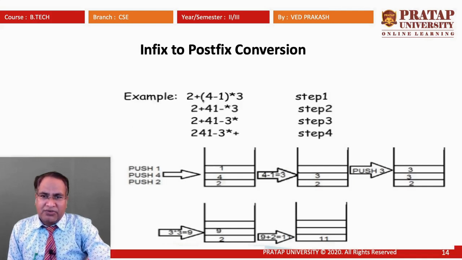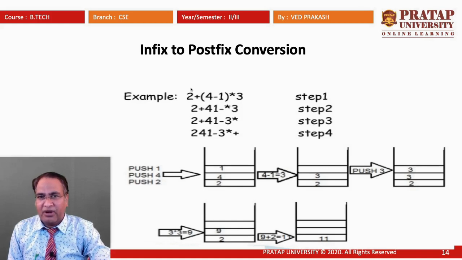Now, this is the way of converting an infix notation into the postfix notation. So, first we consider an example. Our given expression is always mentioned in infix notation. So, we consider here 2 plus parenthesis 4 minus 1, then close parenthesis and multiply 3.